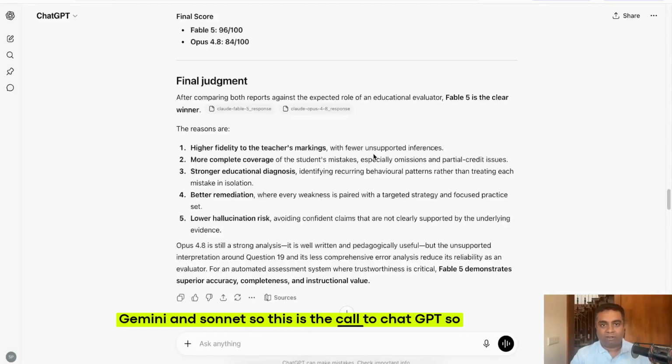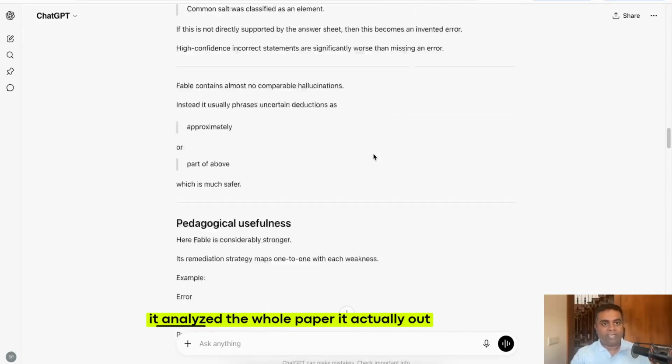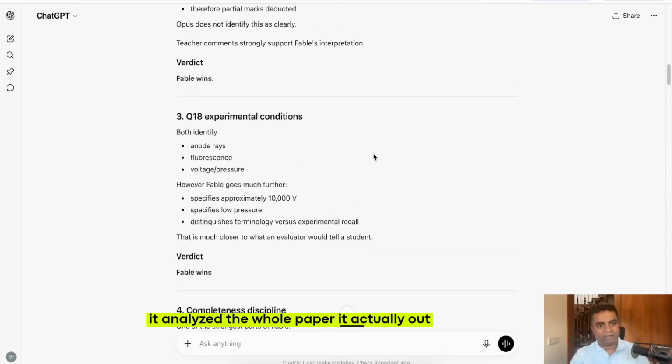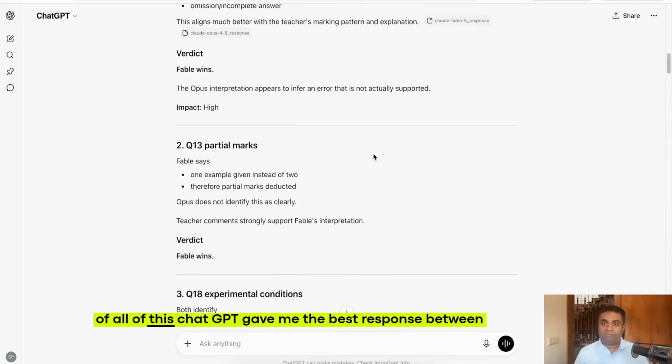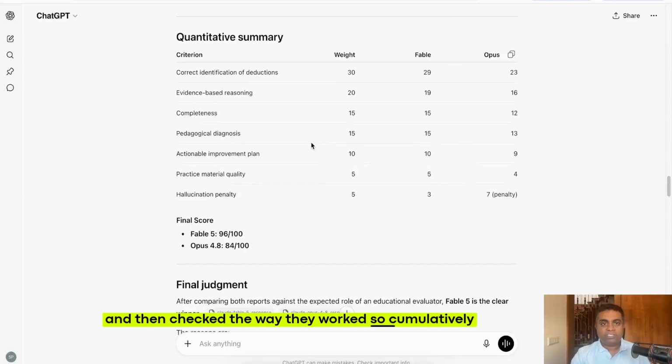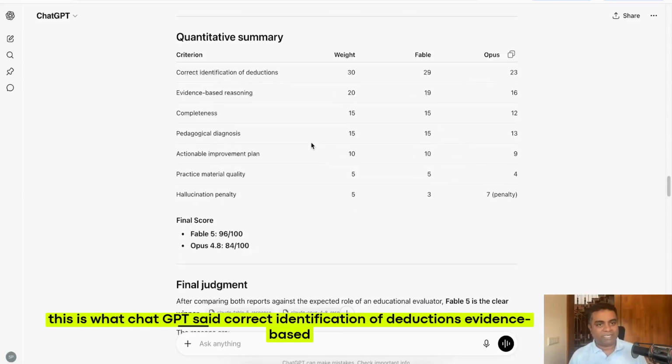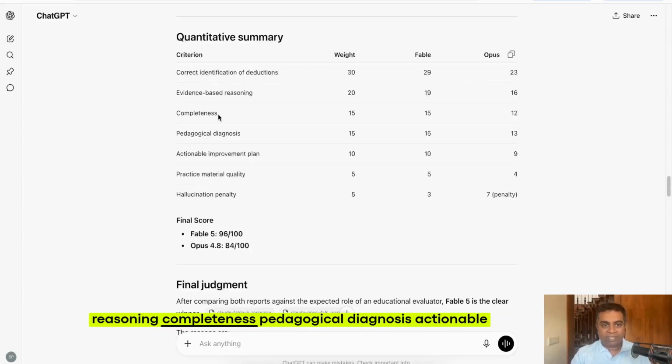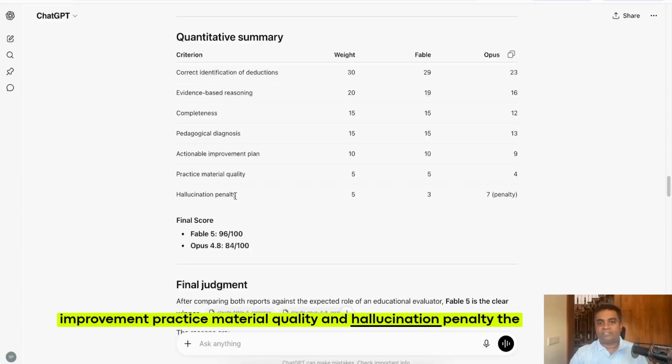So this is the call to ChatGPT. It analyzed the whole paper. Out of all of this, ChatGPT gave me the best response. Between Fable and Opus, it took many points and then checked the way they worked. So cumulatively, this is what ChatGPT said: correct identification of deductions, evidence-based reasoning, completeness, pedagogical diagnosis, actionable improvement, practice material quality, and hallucination penalty.